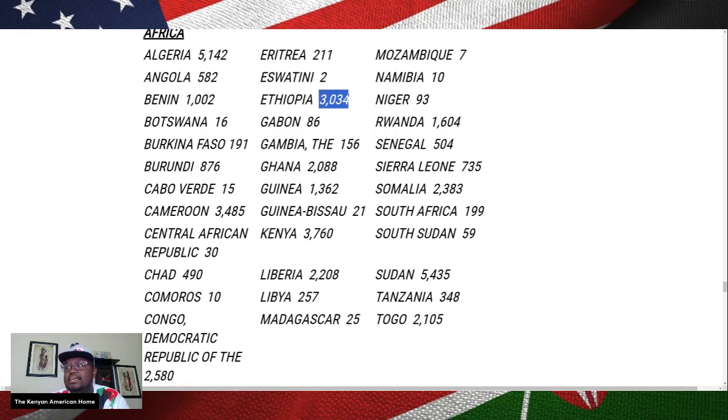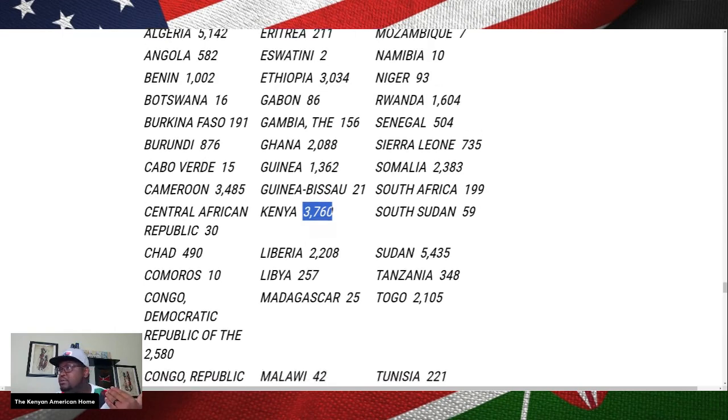If there's one trend that I've realized, it's that Kenya has been trending up for the longest. So you see, DV 2024, we had 3,760, and DV 2023, we had 3,400. Kenya has been going up steadily every year. So something about Kenya, the numbers have been going high.